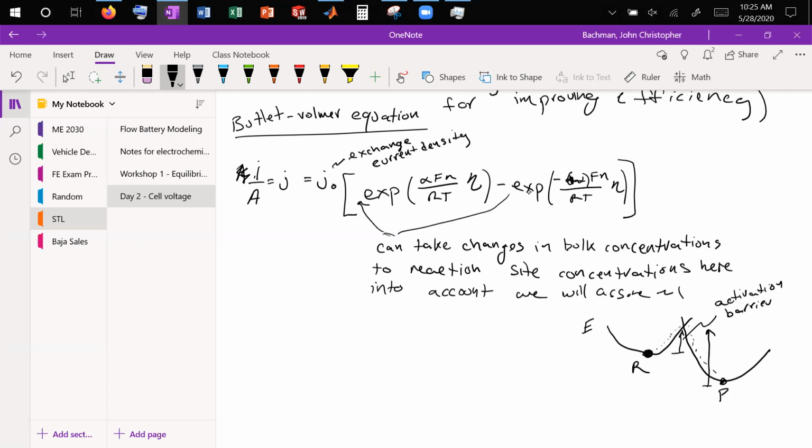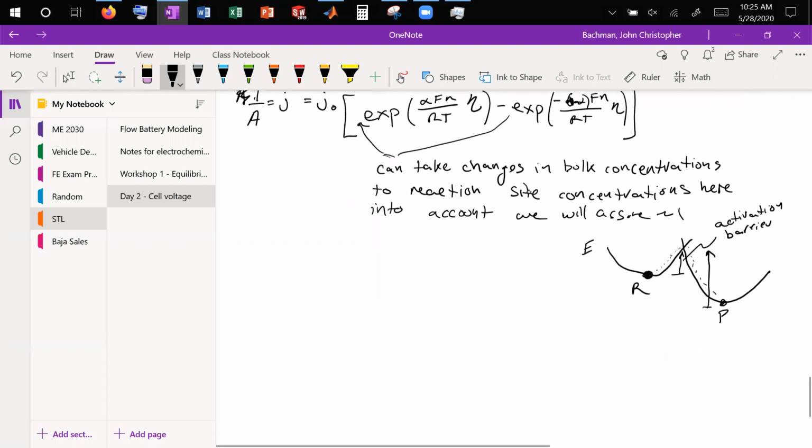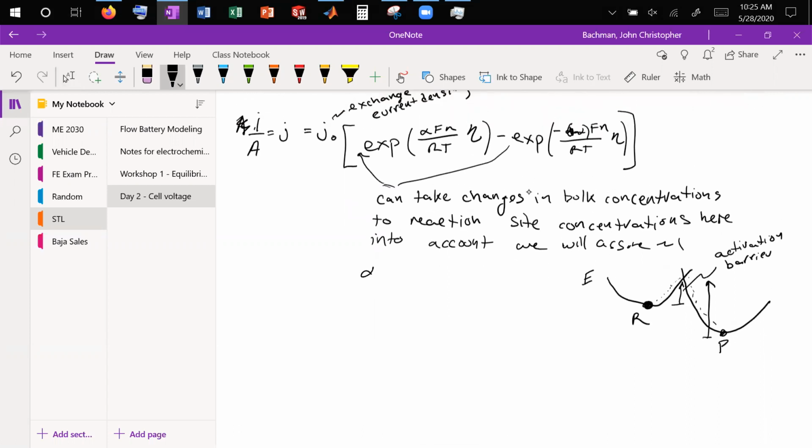And so this alpha term describes the shape of the profiles, but we're just going to say alpha is 0.5 for our case. A lot of times we can ignore the backwards reaction. Sometimes you'll just say there's a large overpotential, so it doesn't go backwards. That's probably true here.